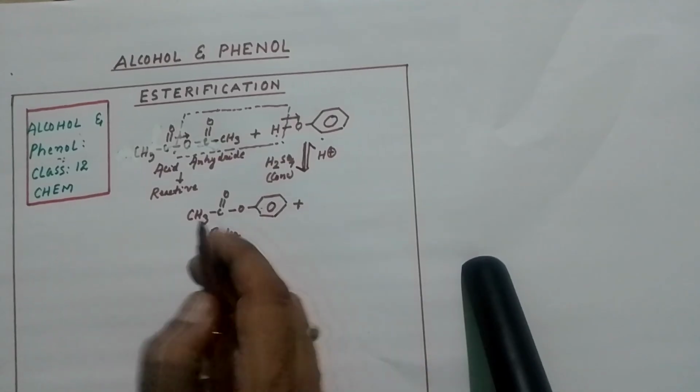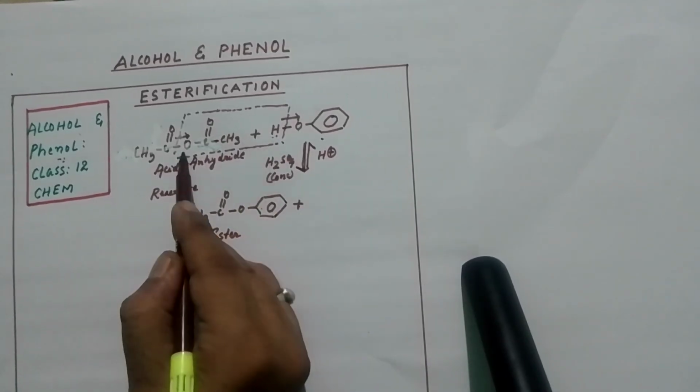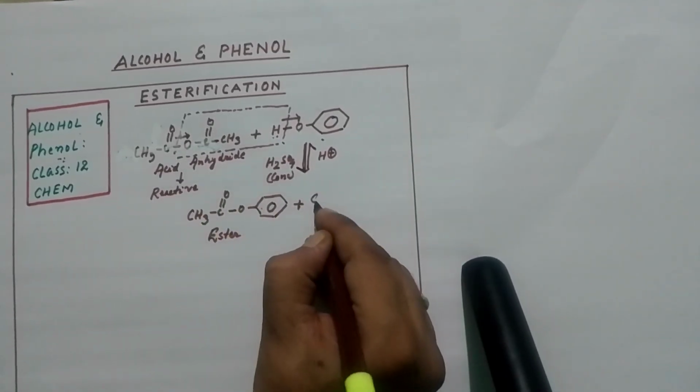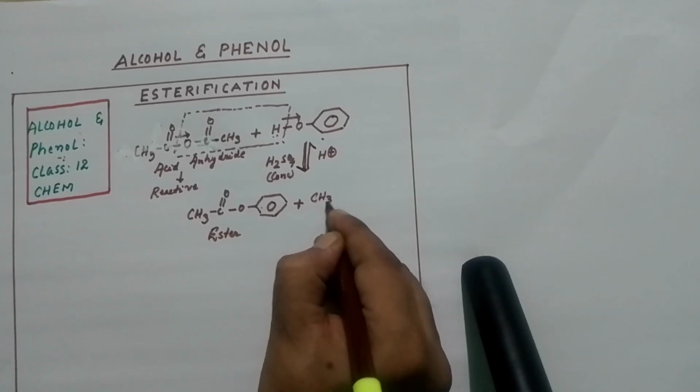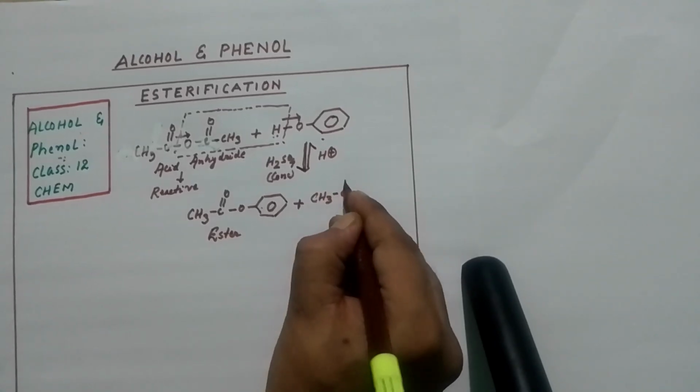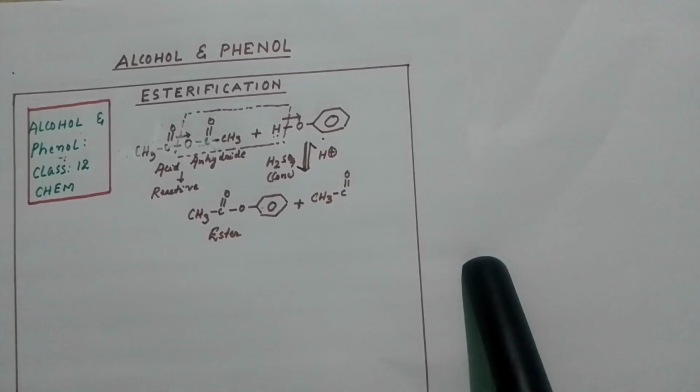Plus what do you get as the byproduct here? Bring H here. So this forms acetic acid.